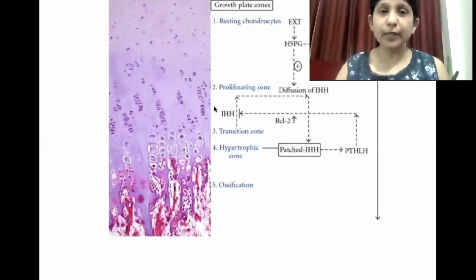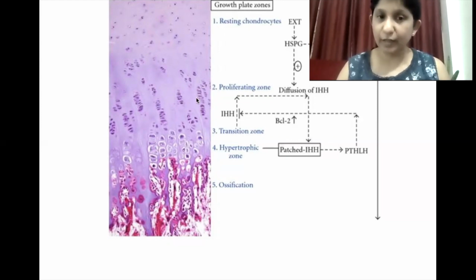In this picture, you can see the different zones of a cartilage or the differentiation of cartilages. Here you can see resting chondrocytes arranged inside a lacuna. Here you can very clearly see that there is an increase in number of these chondrocytes, and the nuclei are also more basophilic, which means that there is more proliferation happening here.